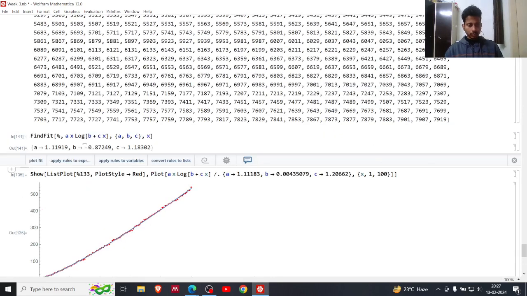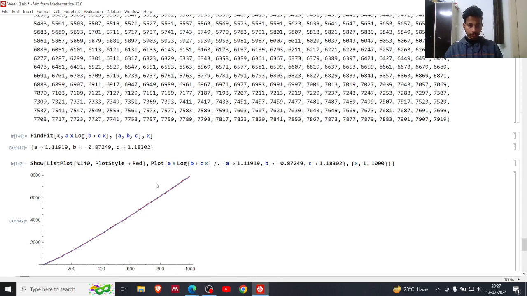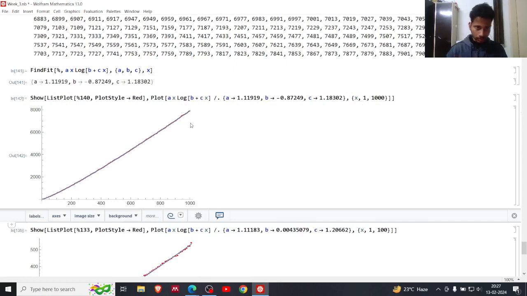Yeah, so using 1000 we get this. You can see that a is 1.11919 where it was 1.11183, then b is changed from 0.0043570 to minus 0.87249, and c is 1.183 where it was 1.2. So you can see this is matching more or less, but the values are different.